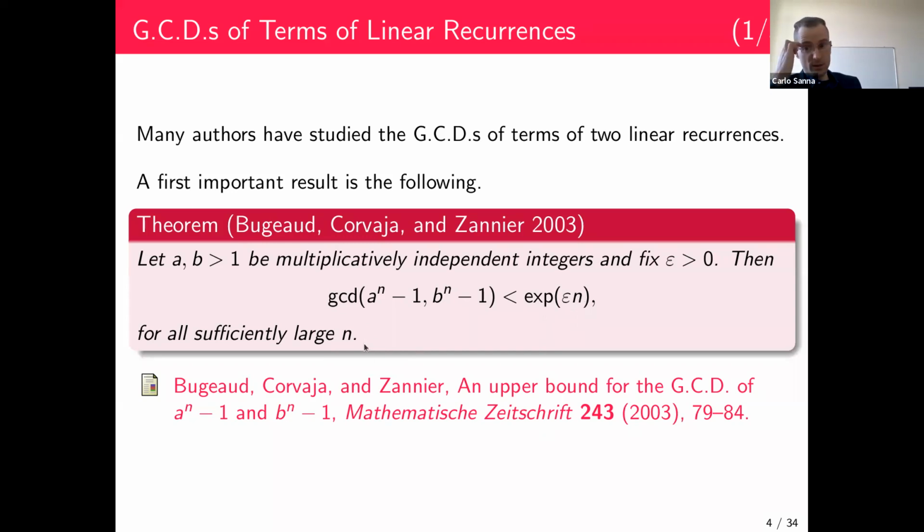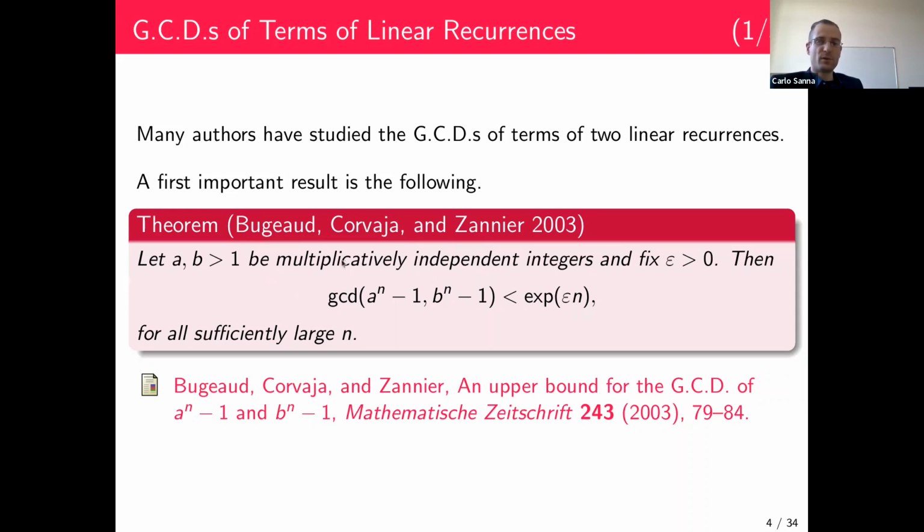So essentially, what is this result saying? We have two linear recurrences, a to the n minus 1 and b to the n minus 1. Their GCD for sufficiently large n is small because they are somehow related, since a and b are multiplicatively independent, and so there's no reason why the GCD should be big.